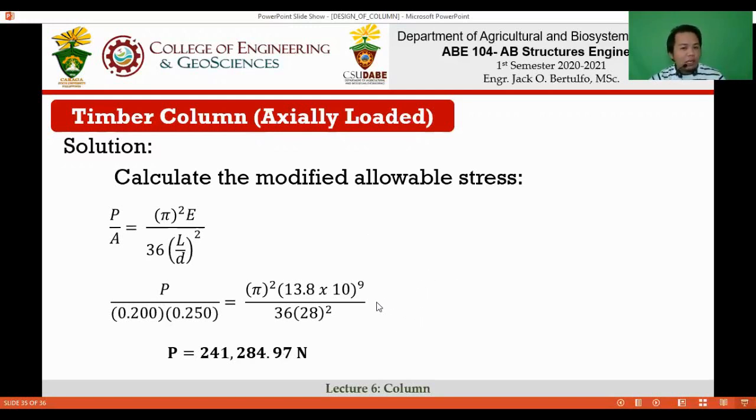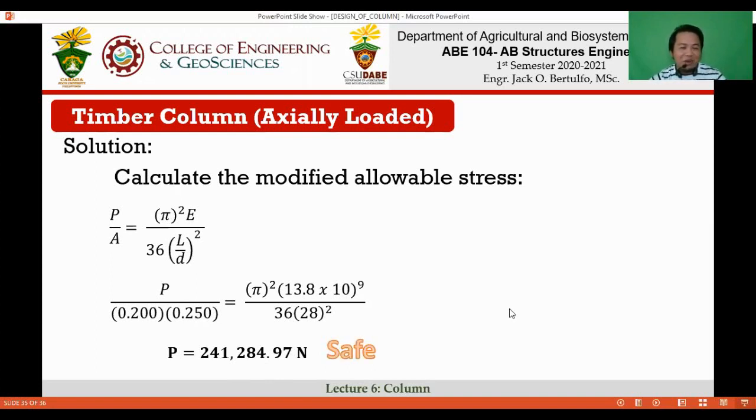Therefore, class, in order to reach this stress value, you need this amount of load. But the actual load is 240, which is less than this. So even if it reaches 240, your structure will not fail.